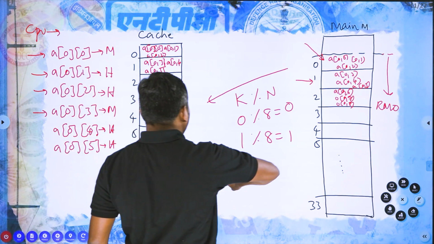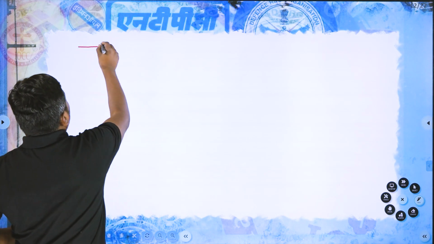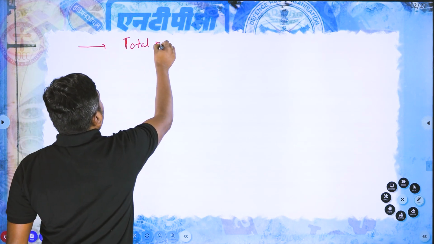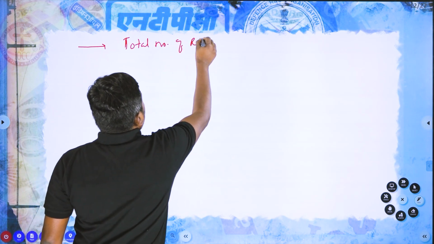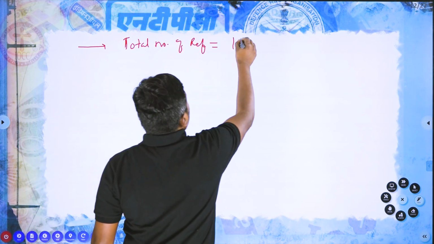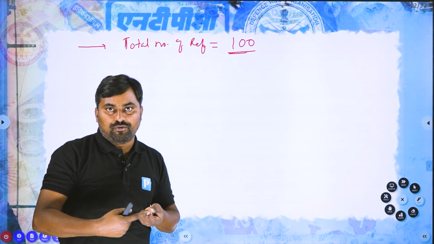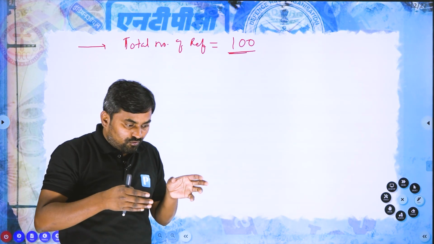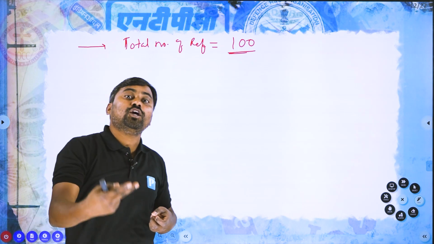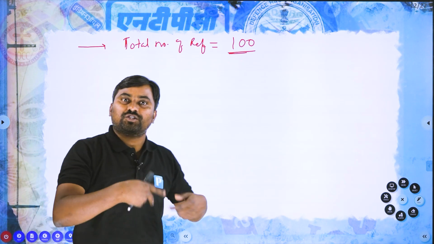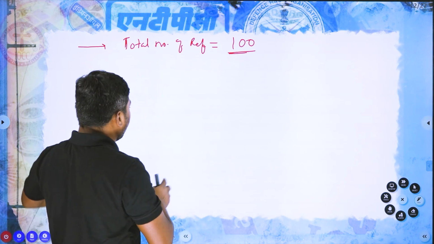So the maximum number of references will be 100, right? Now please understand. For the first block, or any block you take, the first reference is a miss, and the next two references are going to be hits. Correct or not? First reference a miss, next two will be hits. Am I right, all of you?